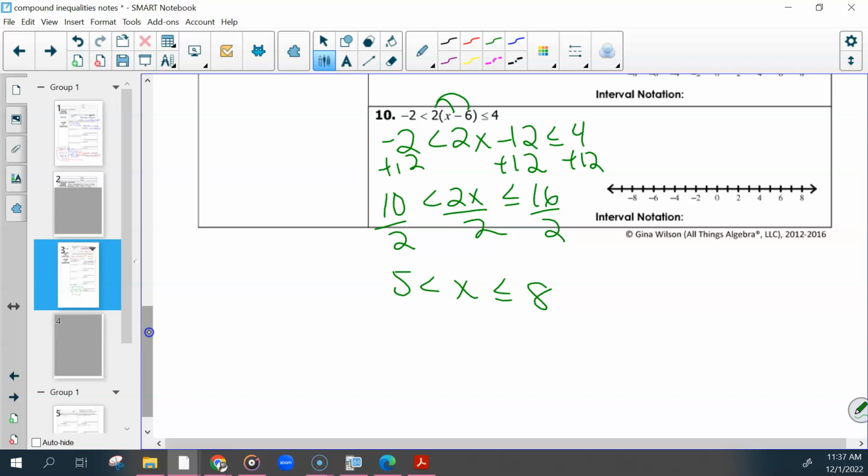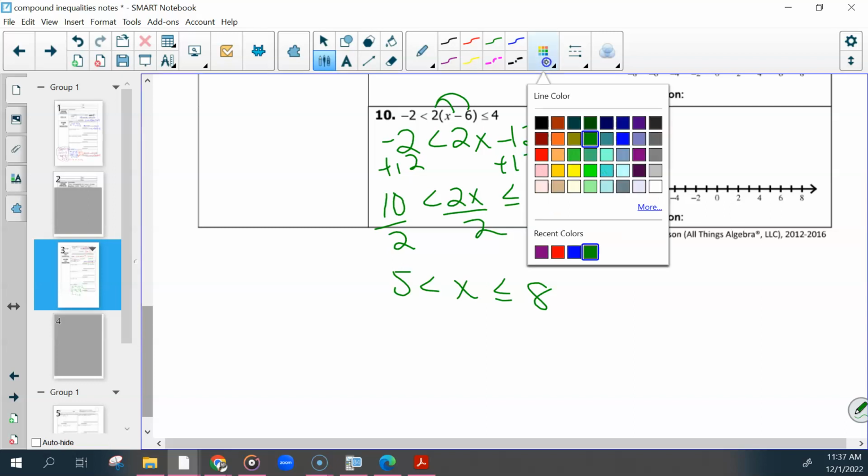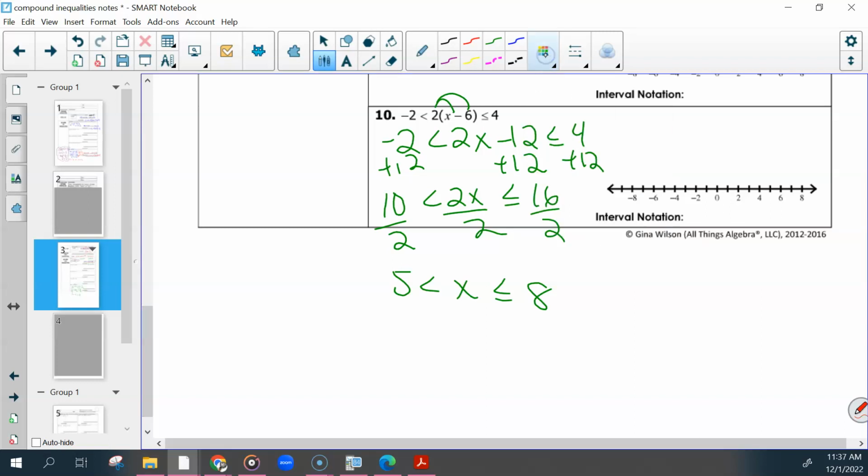Before we graph this and do the interval notation, I just want to show you what would happen if we had a negative instead on the inside. So I'm going to take this and just make the 2 negative as an example to show you. So if the inside was negative, we would still divide everything.